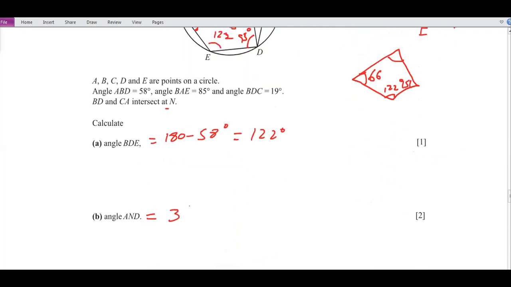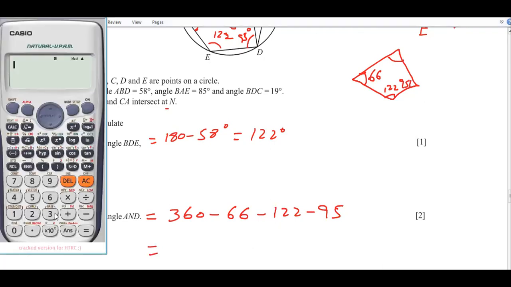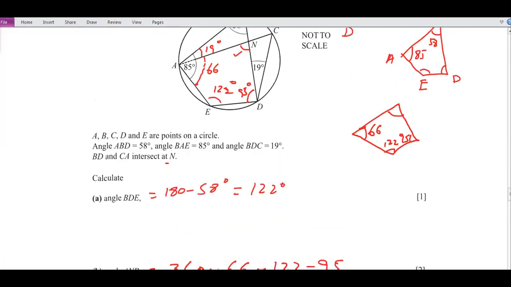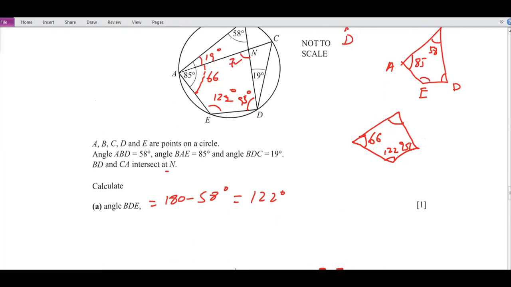So it means this will be 360 minus 66 minus 122 minus 95. That will be your A and D. Okay, calculate A and D. 360 minus 122 minus 66 minus 95. So this angle is 77. So we found that this is 77.